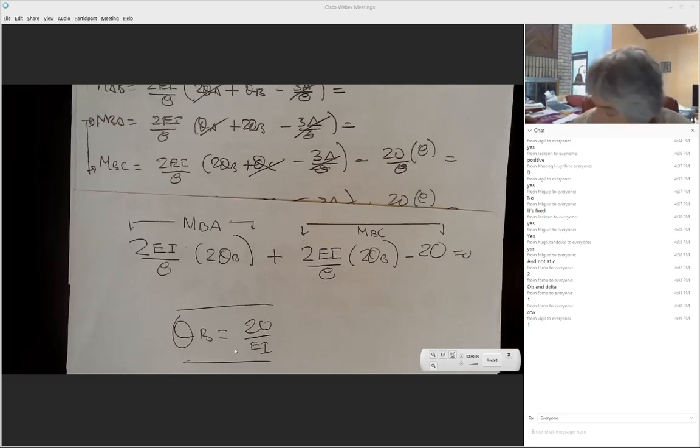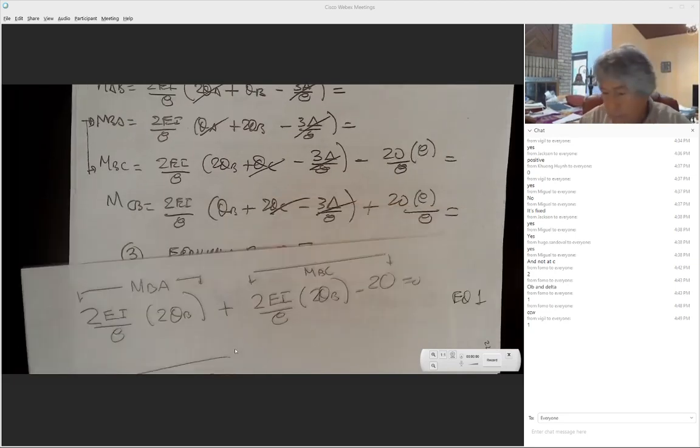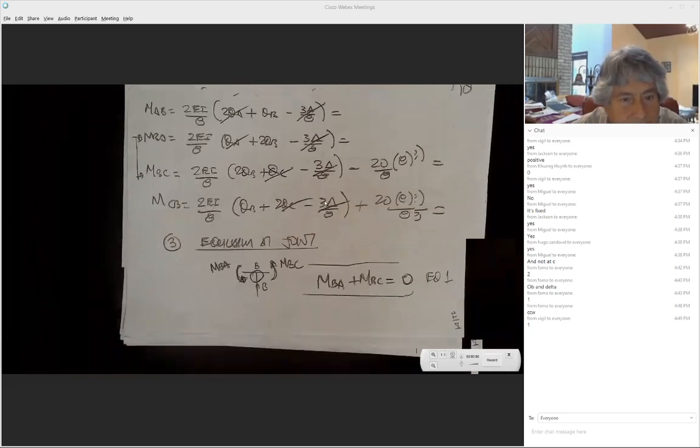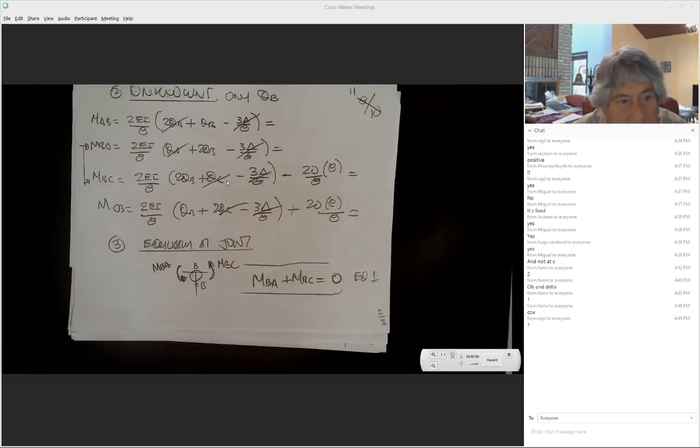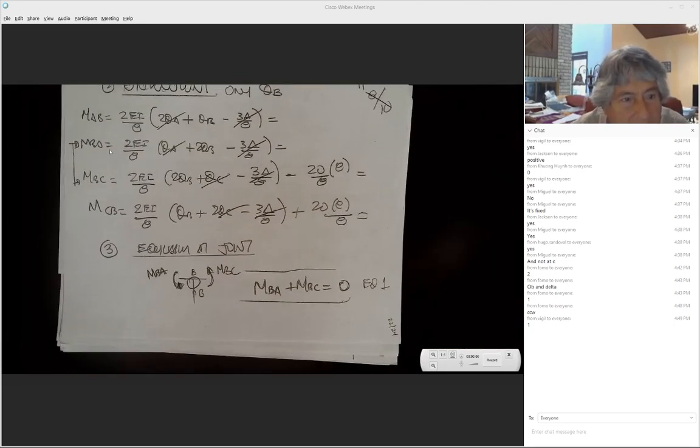So theta B, 20 over EI, we're going to put it in here and here, and the EI drops. So what I obtain is this.